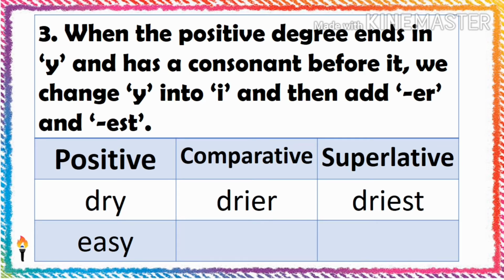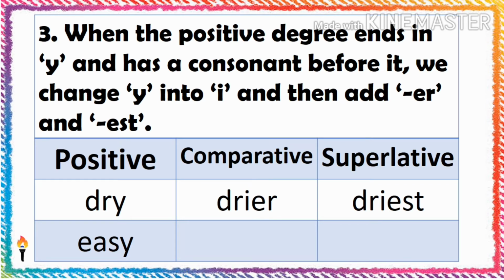The third rule on how we form the comparative and superlative degree is when the positive degree of the adjective ends in Y and has a consonant before it, we change Y into I and then add ER and EST. Take note, when the positive ends in Y and has a consonant before it.